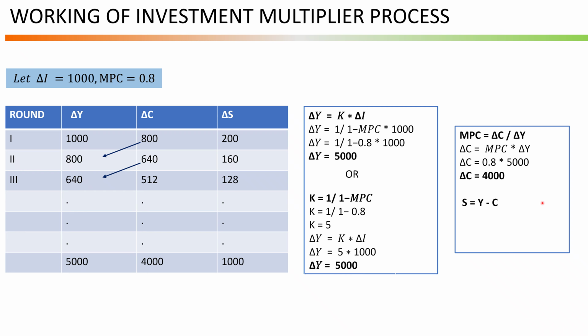We can further calculate delta S. Now we know savings is equal to income minus consumption. S is equal to Y minus C. So delta S will be equal to delta Y minus delta C. And we calculate the value of delta S as 1,000 crores.